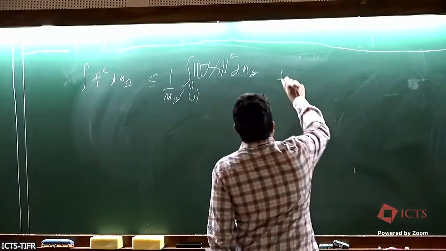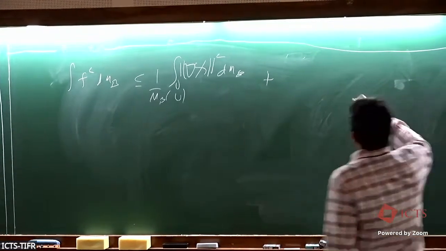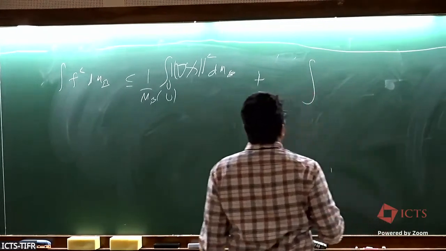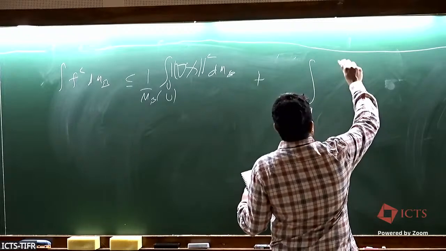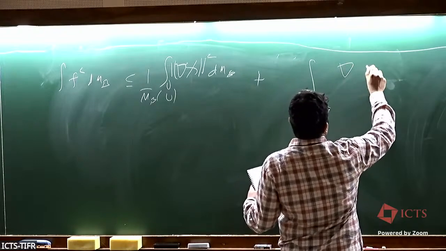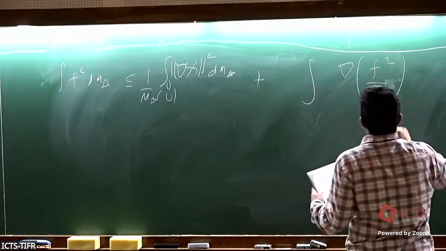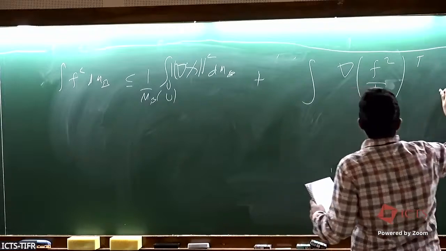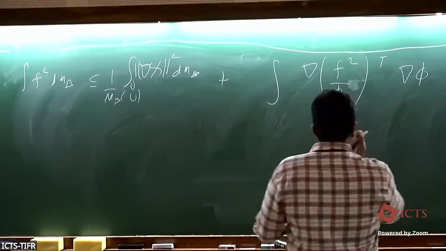Plus... Okay, good. So now I'm going to use integration by parts. That gives me essentially the gradient of f squared divided by phi, transpose, gradient phi, d mu beta.